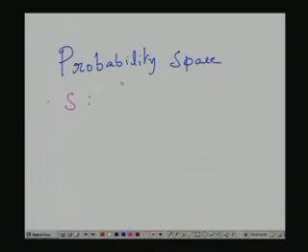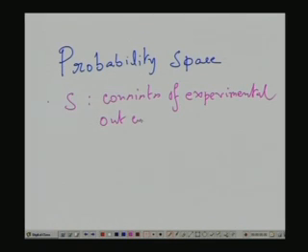So, this set S consists of experimental outcomes. I will explain. S is something like E1, E2, dot dot dot.